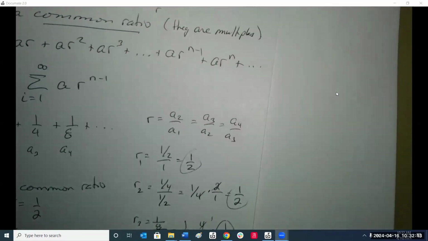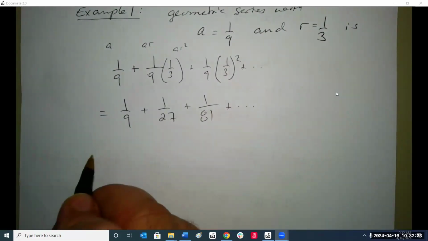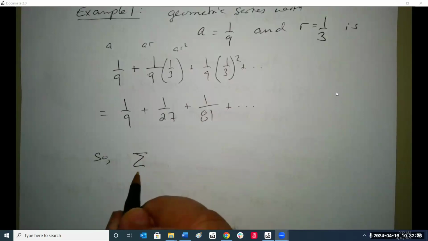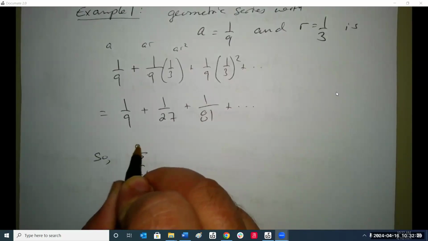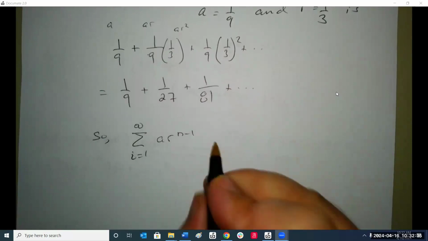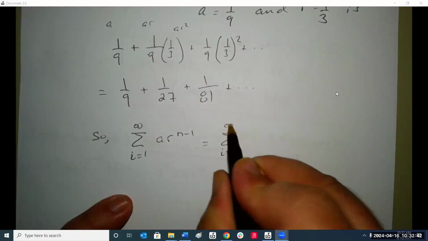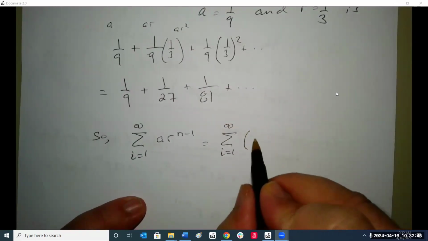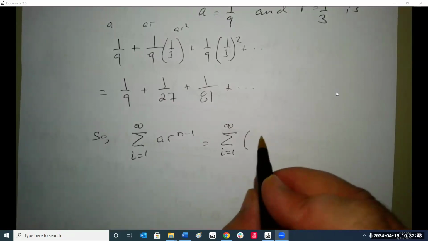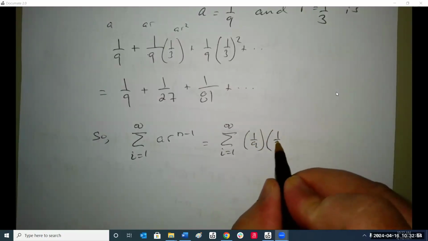Formula: A over R minus 1. So the sum of our sequence as n goes to infinity, A is 1 over 9, and R is 1 over 3.